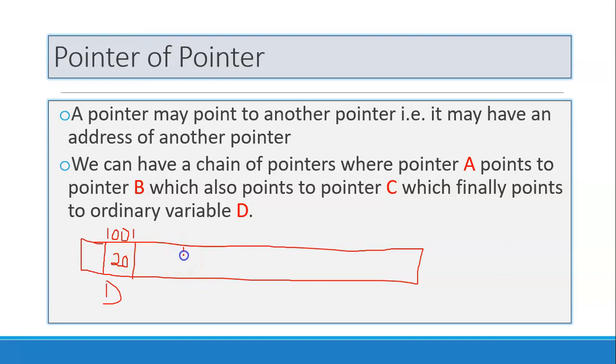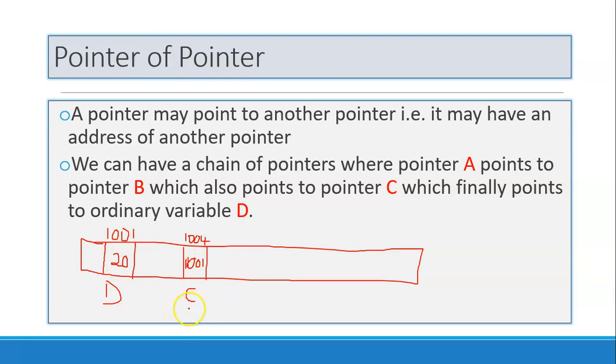And assume we have declared another variable, c, which is a pointer on the address 1004, and this pointer is pointing to the actual variable. In other words, it's keeping the address of the actual variable, which is 1001. So this is a pointer pointing to d, and d has the actual value, but c is keeping the address of d.